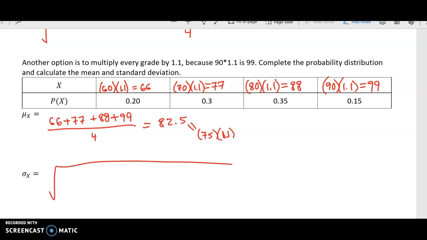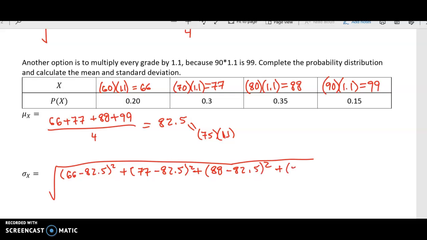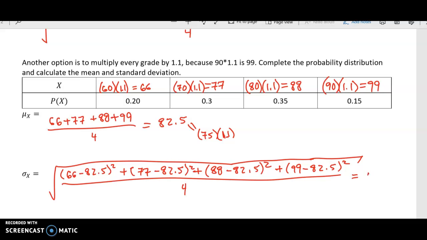What happens to our standard deviation? 12.2984.